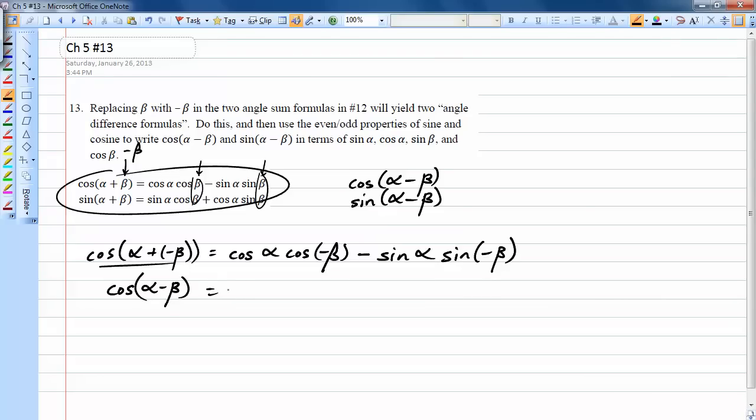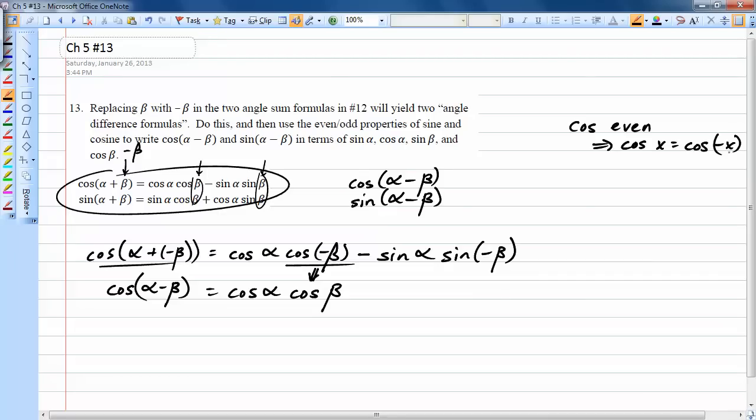Now if I look at this, cosine alpha I can't do anything with, but cosine negative beta is really the same thing as just cosine beta, because remember, cosine is even, so cos of x is the same thing as cos of negative x, which you can also get if you think about the graph a little bit.